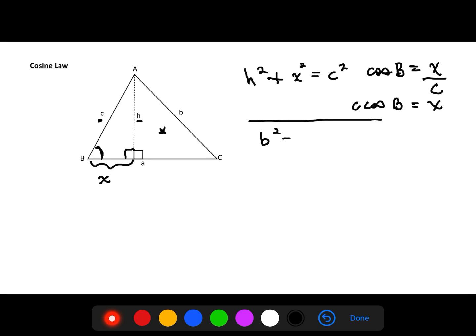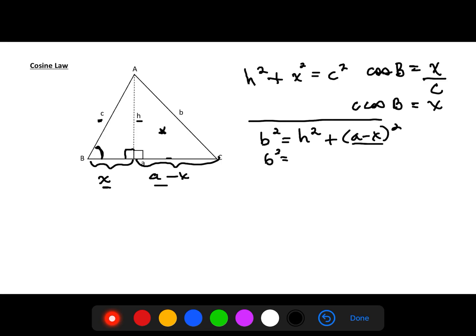Now, in our triangle over here, we can again use Pythagorean theorem to solve for b squared. We take height squared, and what we're going to do with this little part over here is call it a minus x. If a is all the way across here and we've made this x here, then this has to be a minus x.